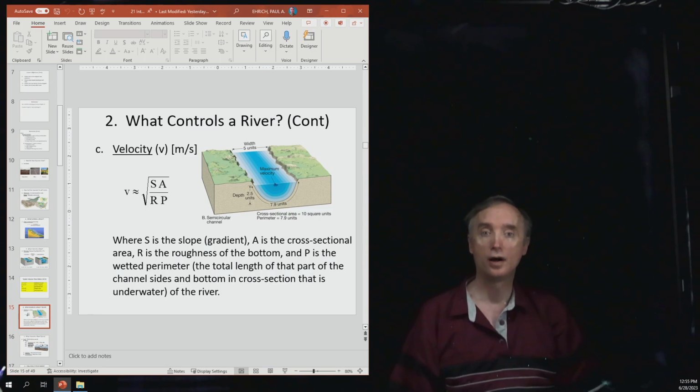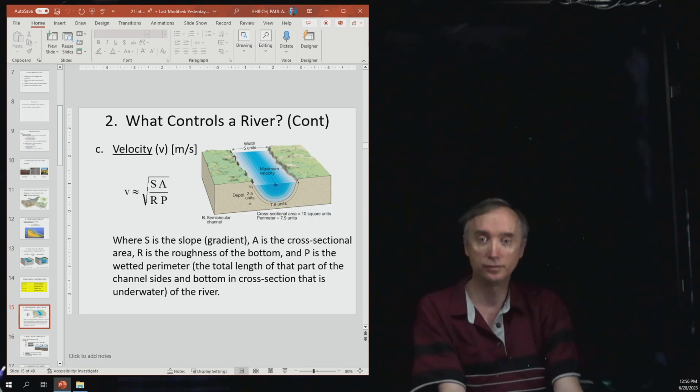Okay, and then another thing you should know is the velocity of a river. Now you're not going to need to know this formula for the exam. If you do, I would give you that formula, so I would put that on the exam.